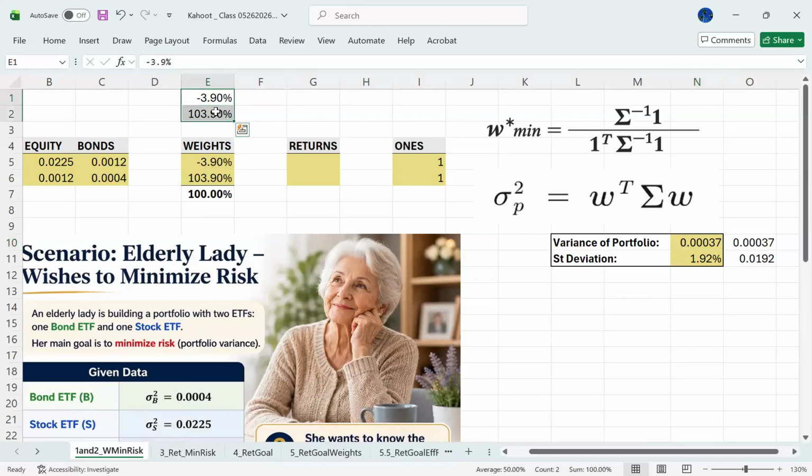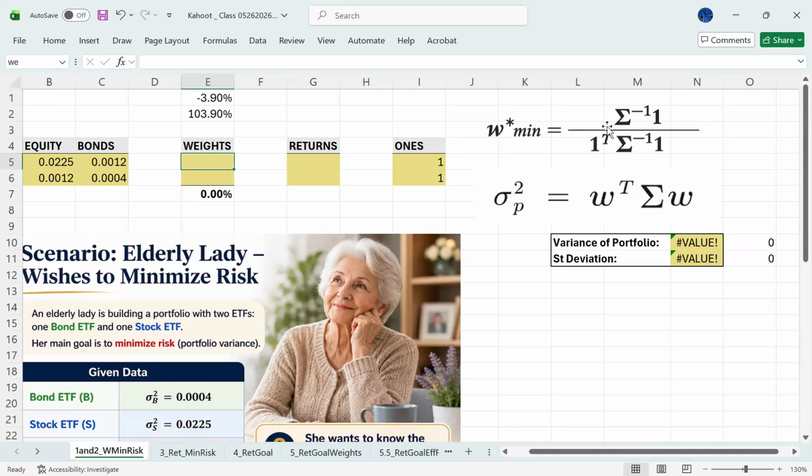Now we can also use matrix operations to achieve the same objective, and so let's do it. We can get rid of this, and then we can use this lengthy formula.